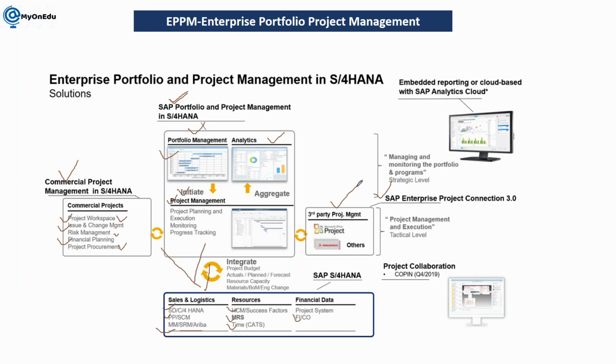These are the four modules. In SAP certifications, we have certification for PPM separately and PS separately. We don't have any certification for CPM, commercial project management, and we don't have any for EPC either.